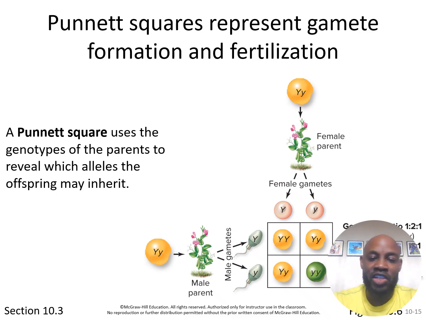So mom has a dominant Y on one of her alleles and a recessive y on the other. So her phenotype is yellow, but her genotype is heterozygous, and she mates with dad, who is also heterozygous, capital Y and lowercase y.